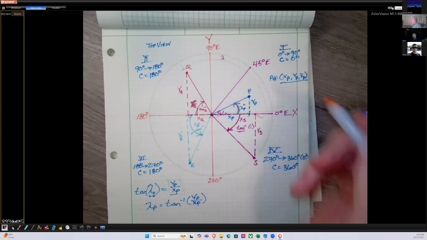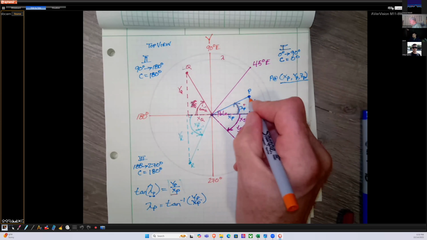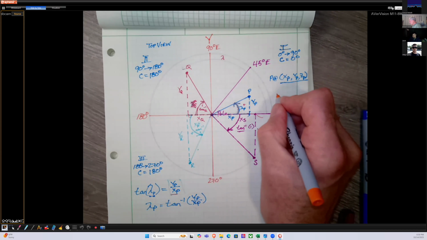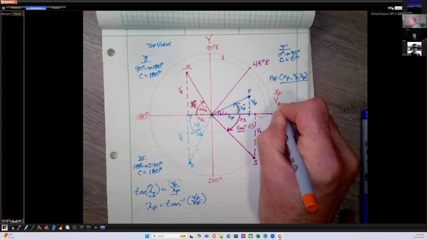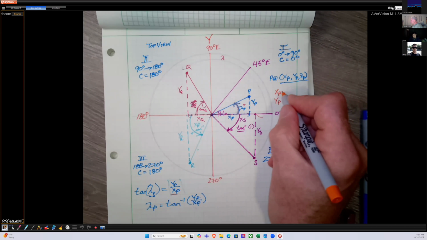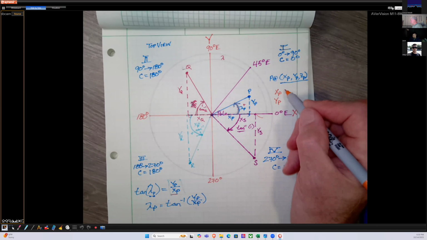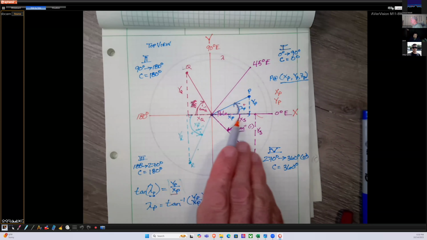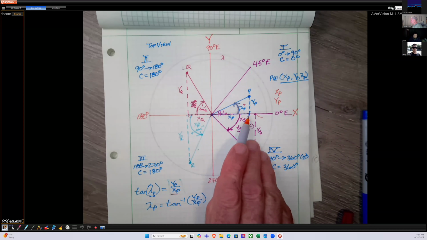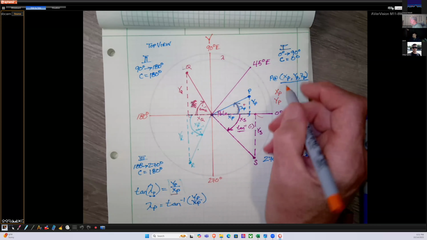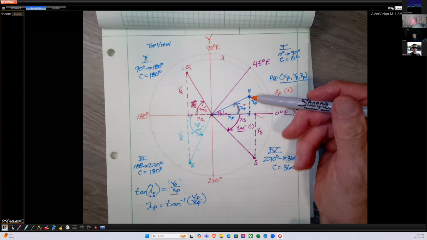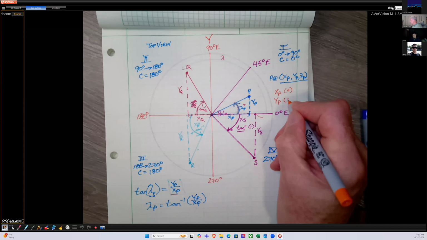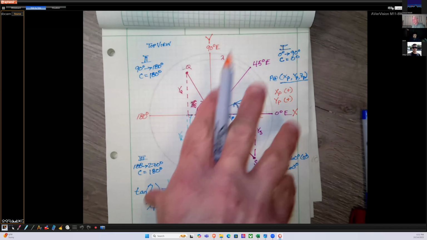So point P here, X sub P and Y sub P, would X be positive or negative? Positive. How about Y? Also positive.